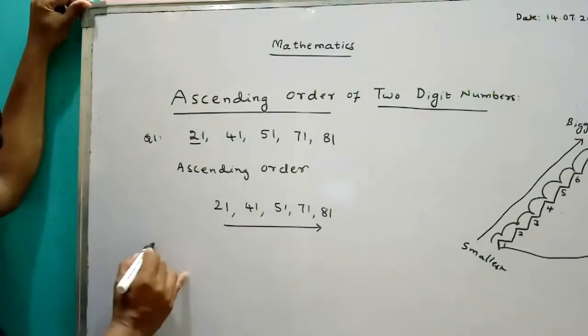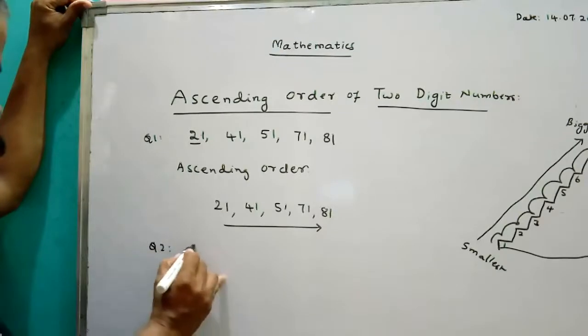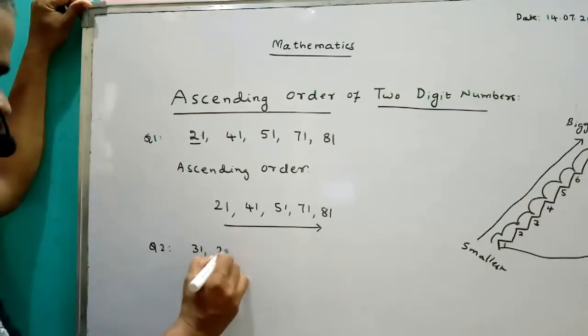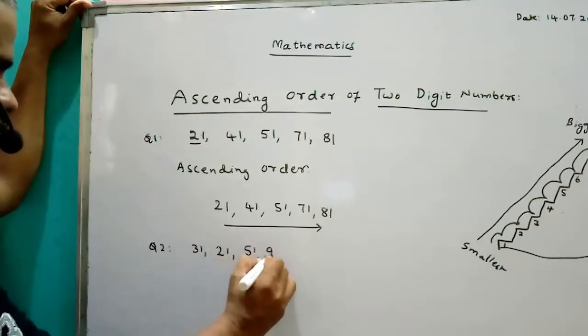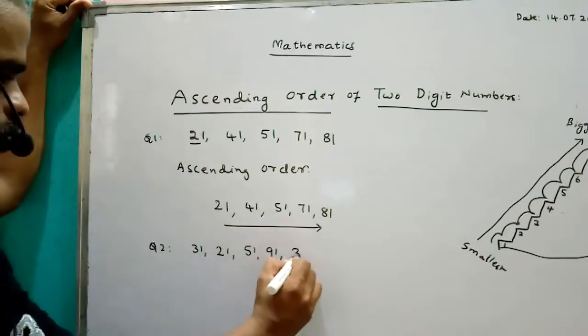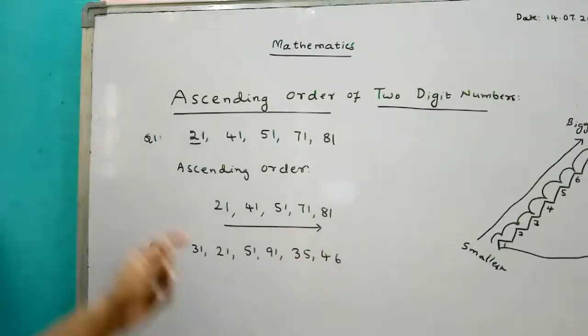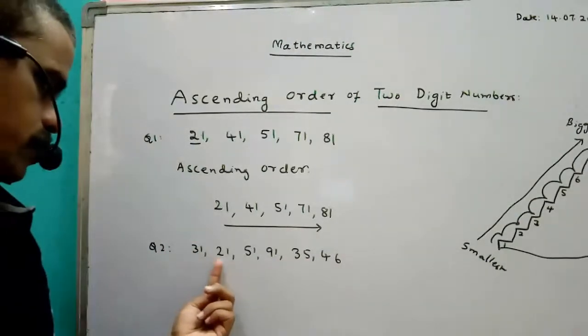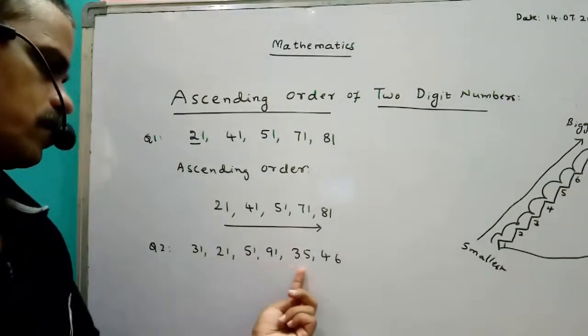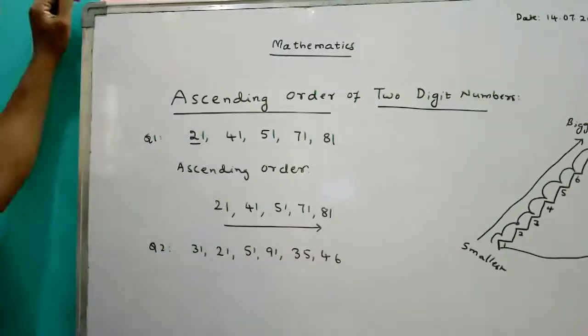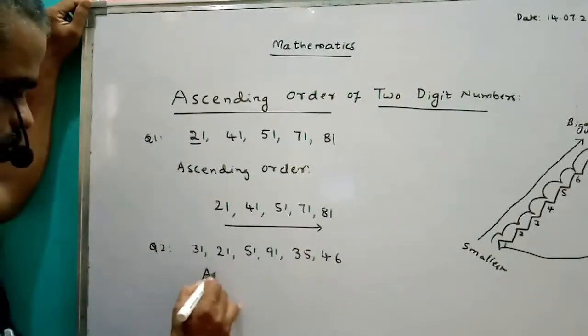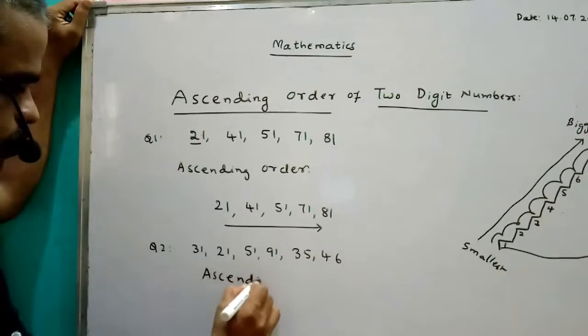So I am giving one more question here. 31, 21, 51, 91, 35, 46. So write in ascending order.